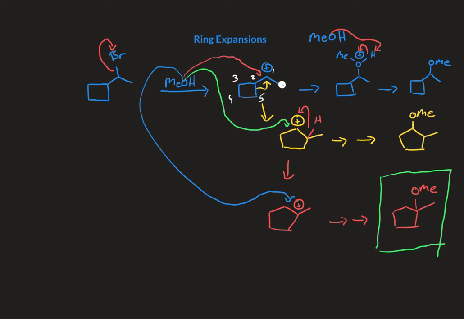And so this first ring expansion was fast to get to this intermediate. And then remember that hydride shifts are pretty fast too. And so I think that this hydride is going to shift before methanol can come in and attack the secondary carbocation. And so this is the major product. However, these two products are going to be formed in small amounts.